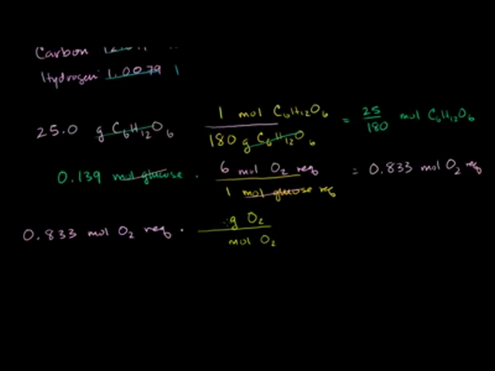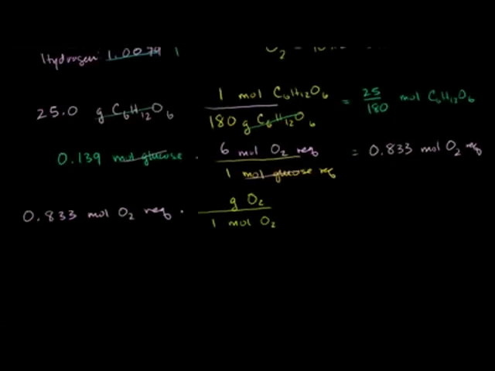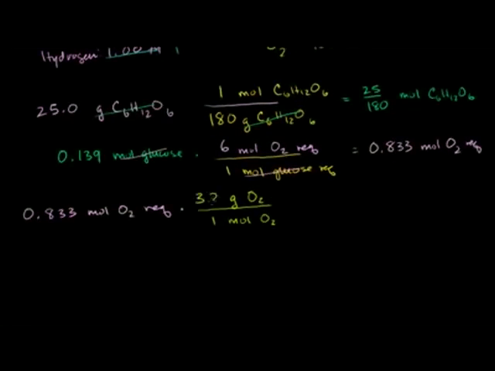So how many grams of O2 are there per mole? Well, we know the atomic weight of oxygen is 16. So the atomic weight of molecular oxygen, where you have 2 of these, is equal to 16 times 2, which is 32. So it's 32 grams per mole.